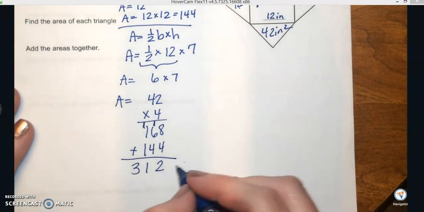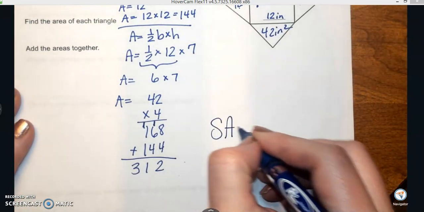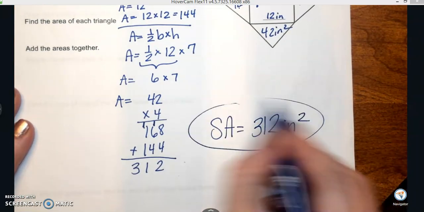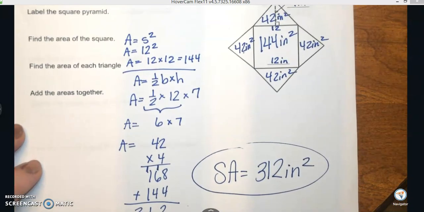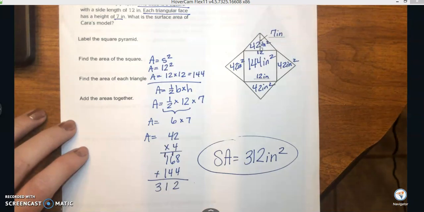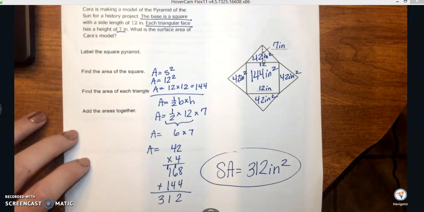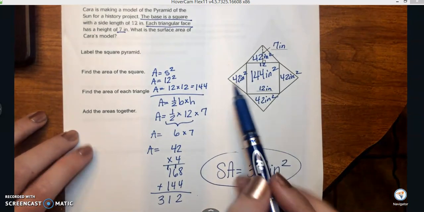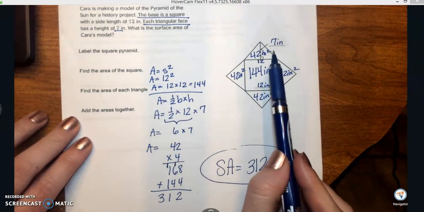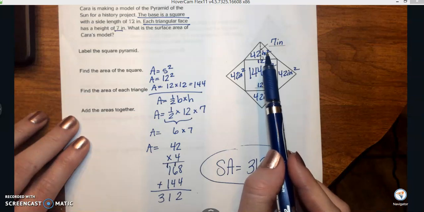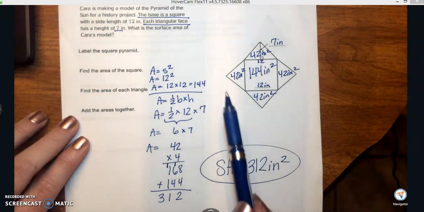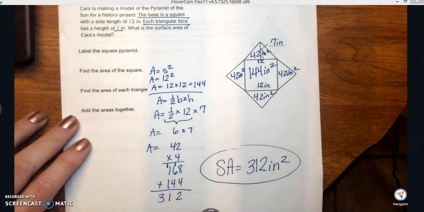So I get that my surface area equals 312 inches squared. Let me zoom out a little bit so you can see all of that. Okay, so going back over this, we found the area of the base, and then we found the area of one triangle, multiplied that by 4, and then added the base to get 312.